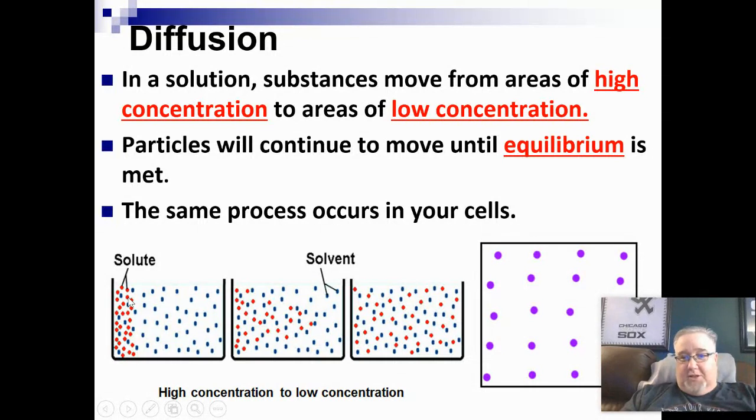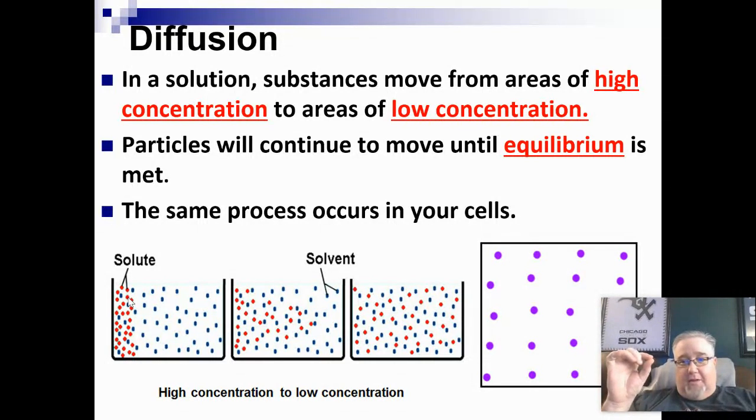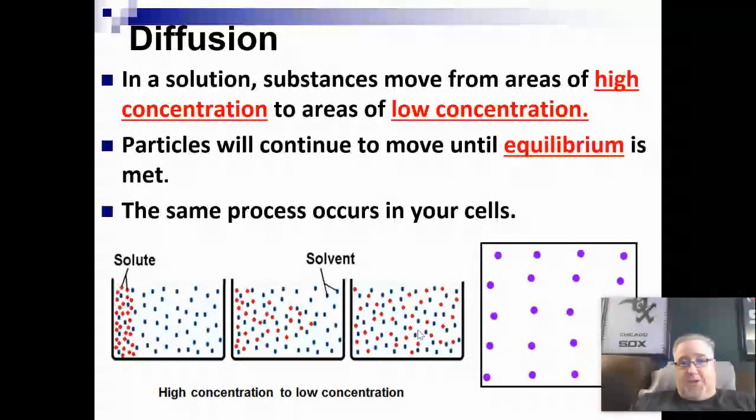If you put a couple drops of food coloring into water, you can do this at home if you have some food coloring, that food coloring is very highly concentrated in one little area of the container. But over time, that food coloring is going to spread, right? It's going to move to areas of lower concentration. And eventually it's going to spread and fill up the entire container. So that's what diffusion is.